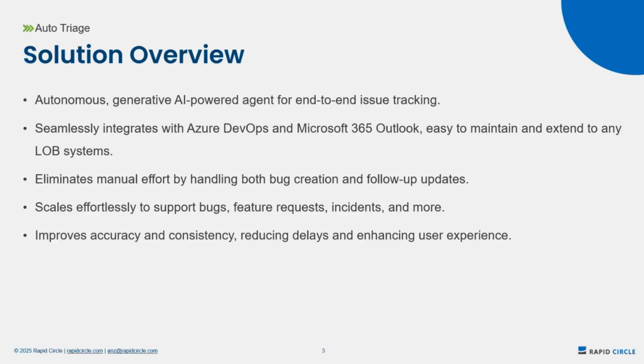And of course, this can be extended easily to other LOB systems. By the way, this isn't just about bugs or issues. The same principle can be applied for feature requests, incident management, and many other use cases in typical product ALM.